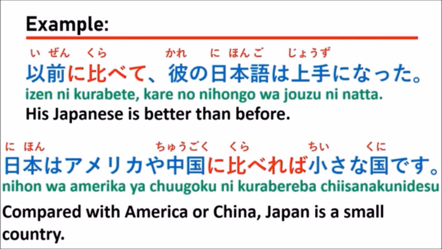Here they say アメリカや中国に比べれば, meaning if you compare with China and America, Japan is a small country. So I hope that you understand how to use に比べて, に比べれば, and に比べると.